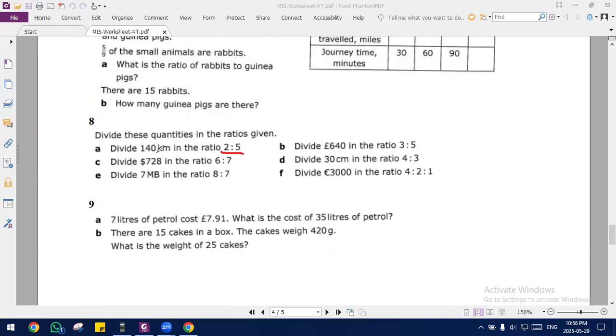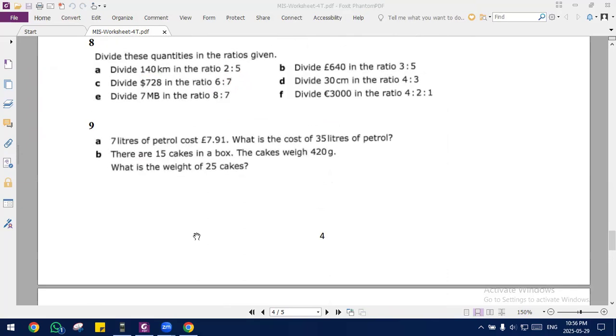Then you divide it by the total, 140/7. Then the answer that you find, you times it by this part and by this part. This is similar to cross multiplication, like the one that we did. As I told you, this one here, you need a calculator.